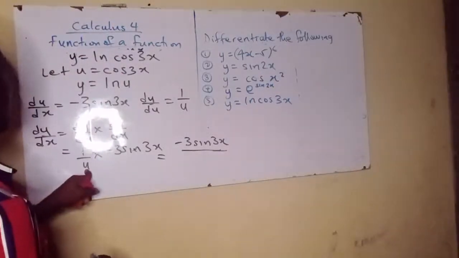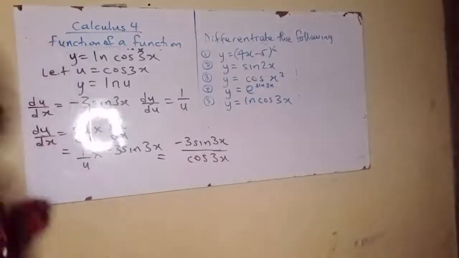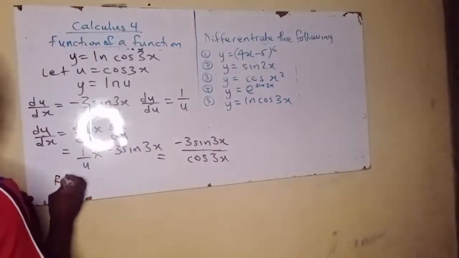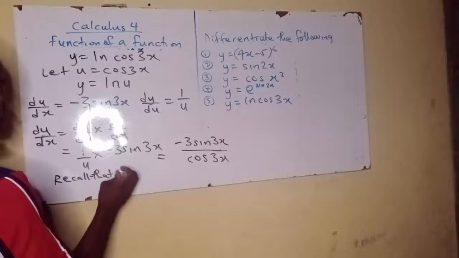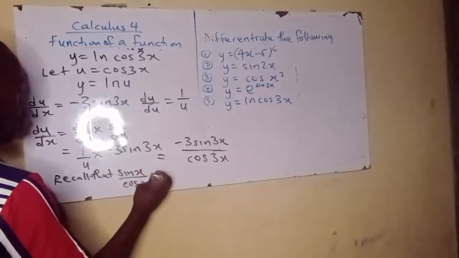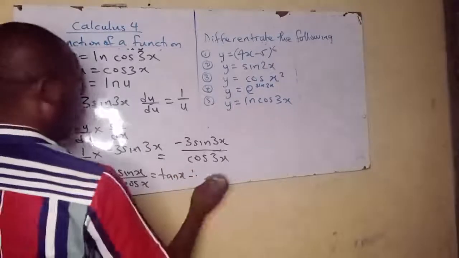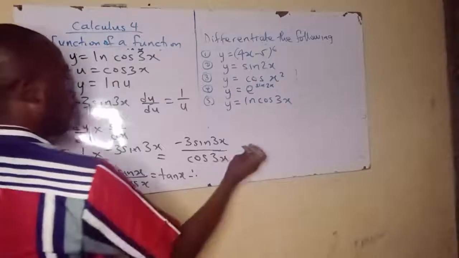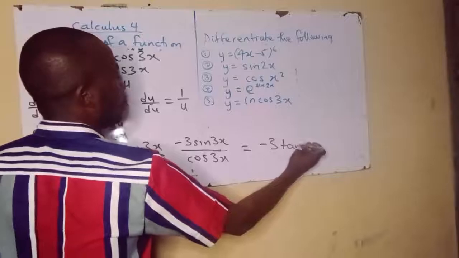My u is cos 3x. Remember, recall that sin x over cos x is equal to tan x. So therefore, this one will now be equal to minus 3 tan 3x.